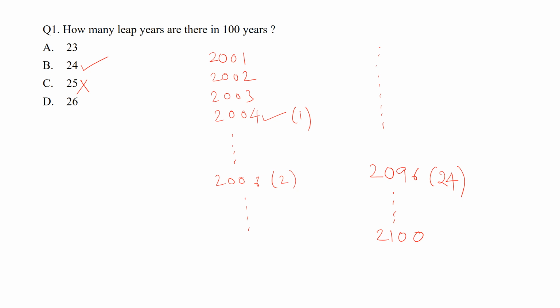Since it is a century year, we should check whether it is divisible by 400 or not. Since 2100 is not divisible by 400, it is not a leap year. Since 2100 is not a leap year, there are only 24 leap years in a period of 100 years.